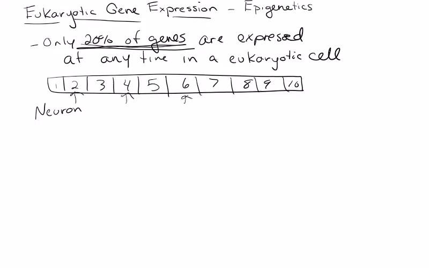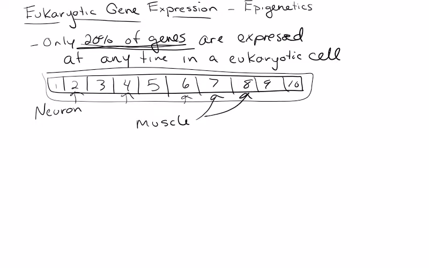Okay, in a muscle cell maybe only read or turn on genes 7 and 8. Okay, and so it's not so much that they don't have those genes. I mean, a neuron contains all genes 1 through 10, but maybe only genes 2, 4, and 6 are actually expressed, okay, or read in order to make proteins.